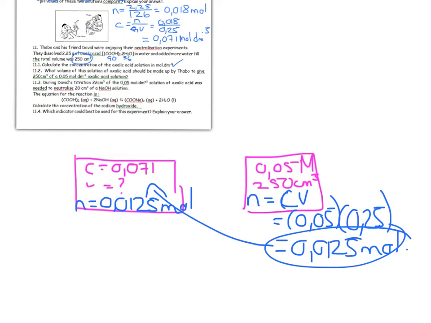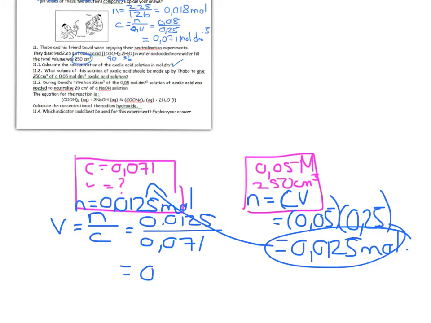And I am asked to work out a volume. Volume is equal to number of moles divided by concentration. So it's 0,0125 divided by 0,071. And I land up with 0,176 decimeters cubed, which is really 176 centimeters cubed.